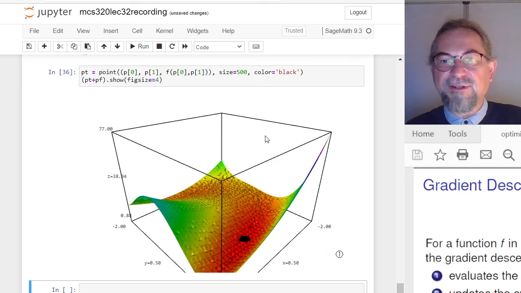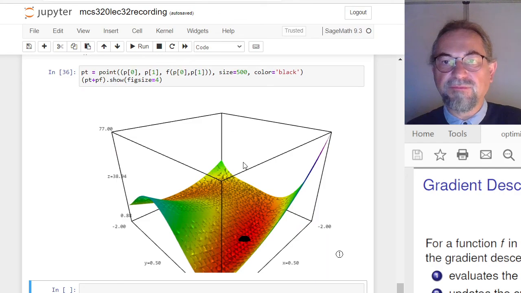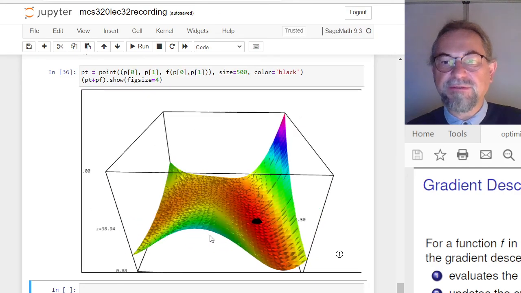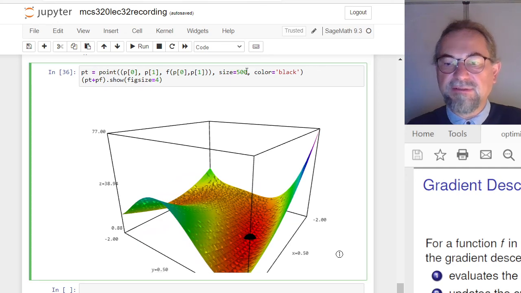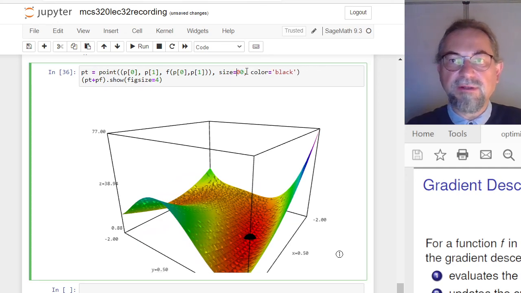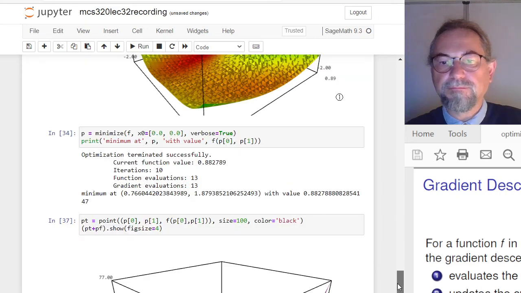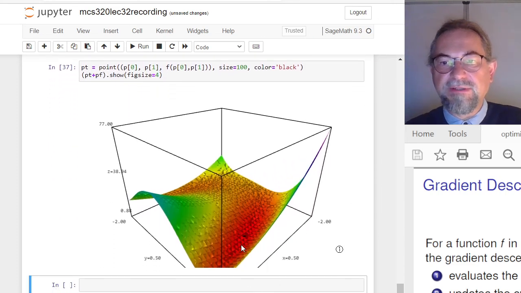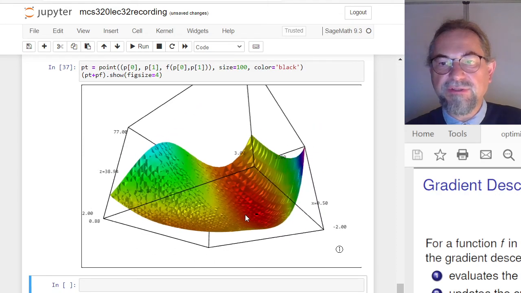You see that the size of my optimum had to be shown really at 500 pixels, which is a little bit excessive. Let me try a little bit more modest ball. And then you can still see it if you know where it is. I didn't see it at first.